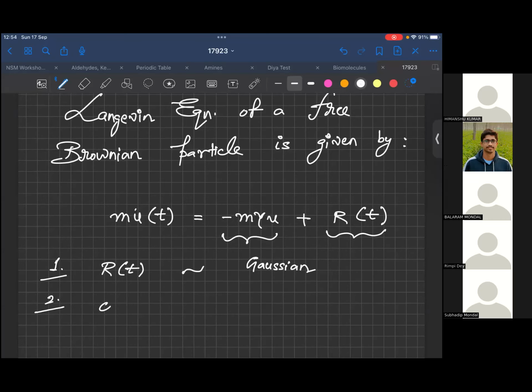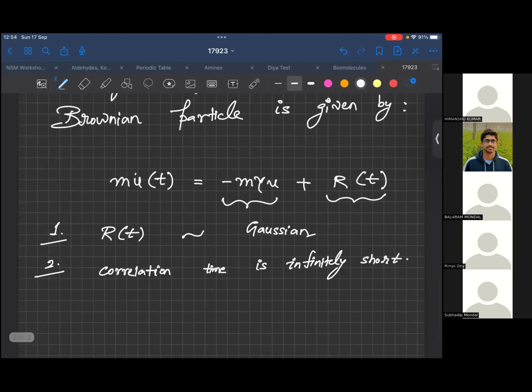So when our particle is having a large number of collisions, its relaxation time is definitely going to be very, very much larger than this correlation time.